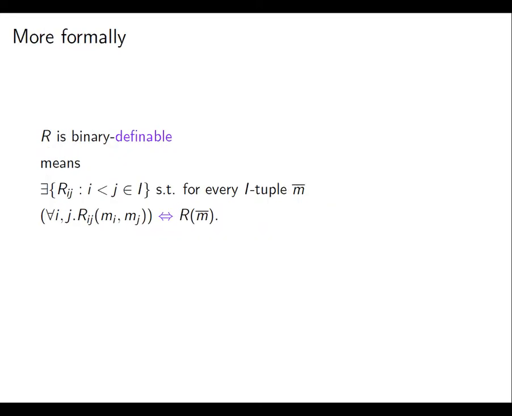So to formalise that, what we would be saying would be that we would move from this relationship that I put up a few slides ago, which is to say that we would consider a Multiary relation to be binary definable if we can find a collection of binary relations that are logically equivalent to it in that sense.